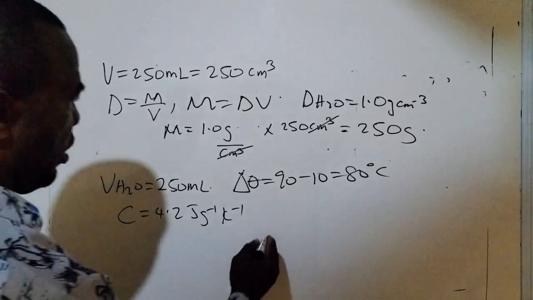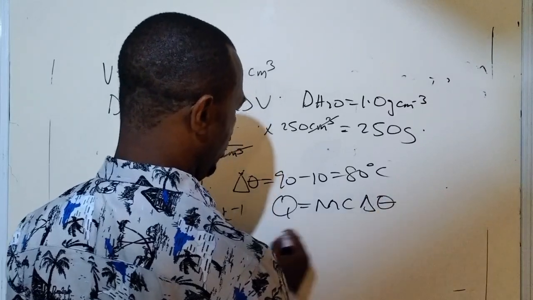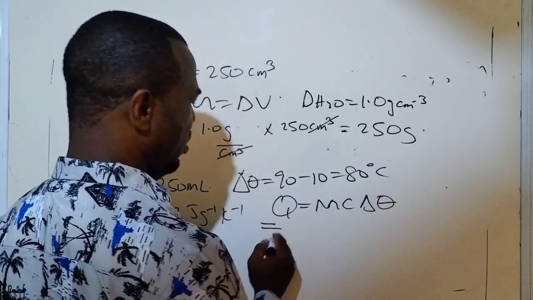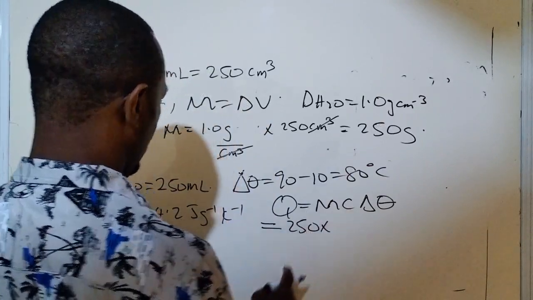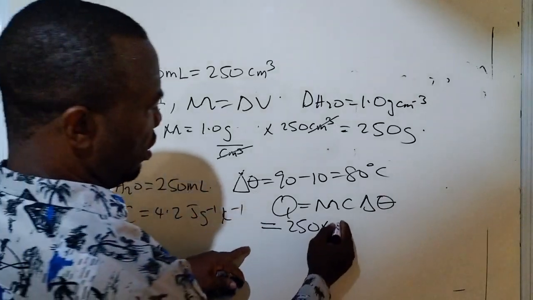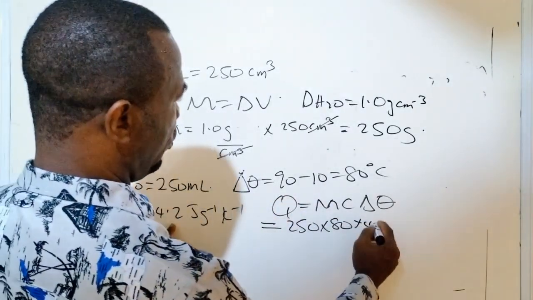Heat supplied to the water by the formula is MC, change in temperature. That is going to be, the mass is 250, the change in temperature is 80, and the value of C is 4.2.